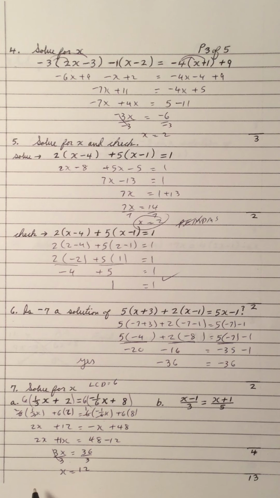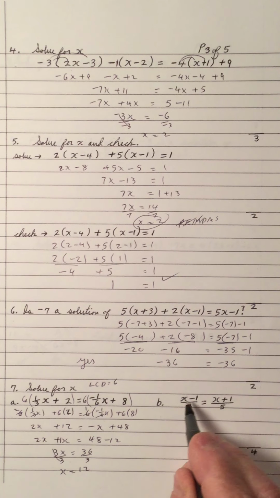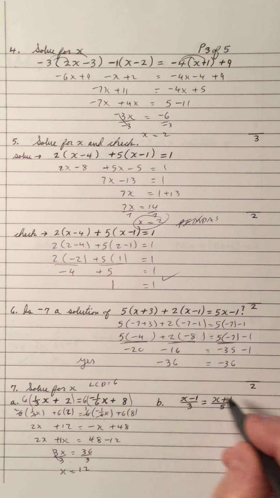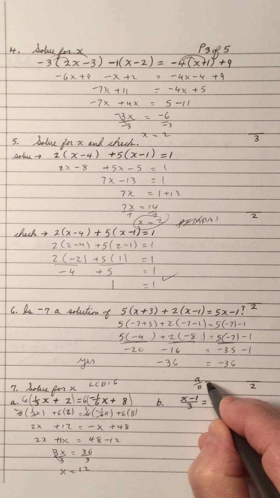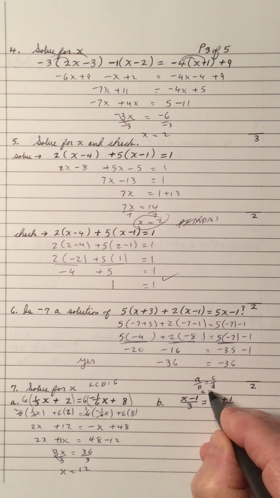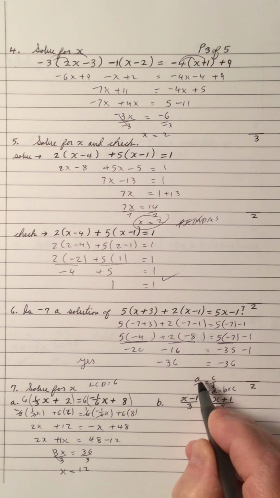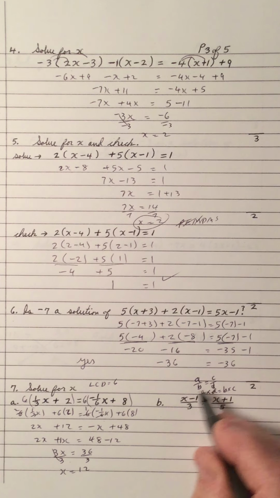Again, when you have fractions, multiply by the LCD. Now, this is a special setup here. Remember, this is A over B equals C over D. That means we can multiply A times D equals B times C. That's cross multiplying.